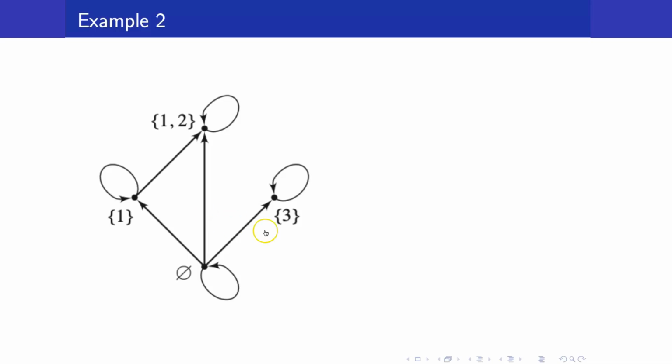So for example, here is our relation on the power set of the set containing 1, 2. So we will have this is {1, 2}, we have {2}, and then {1}, and of course, the null set.